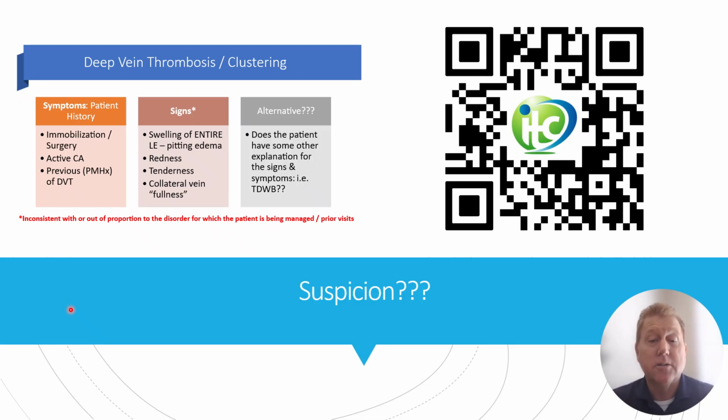So you'll move into the second piece here where you'll see the signs. You'll see definitely swelling of the entire lower extremity, redness, tenderness, and the collateral vein fullness, where you see those veins quite full.